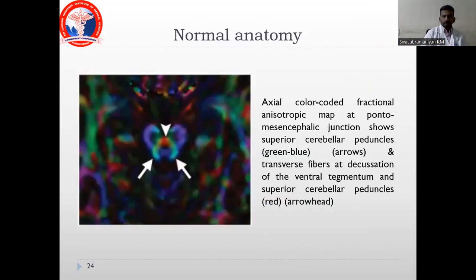So this is a normal anatomy. This is an axial color-coded fractional anisotropy map at the pontomesencephalic junction, which shows the superior cerebellar peduncles, which is the green-blue, seen in arrows, and the transverse fibers at the decussation or the ventral tegmentum of the superior cerebellar peduncles, that is the arrowhead.